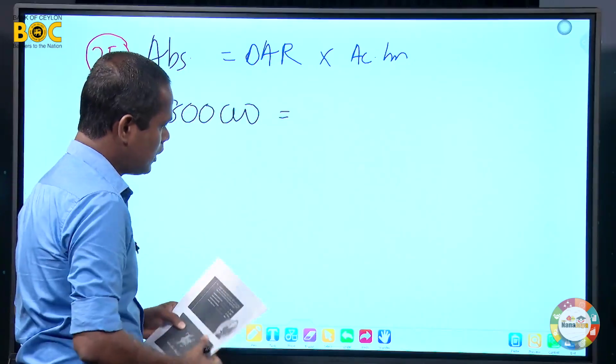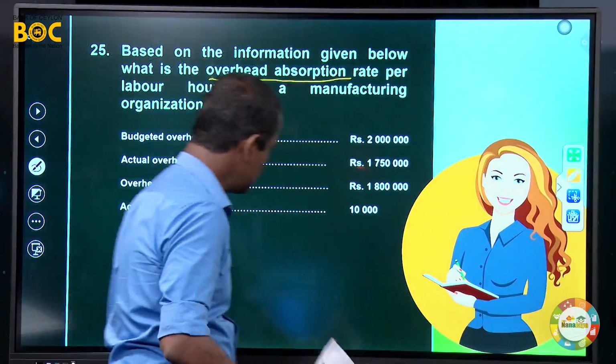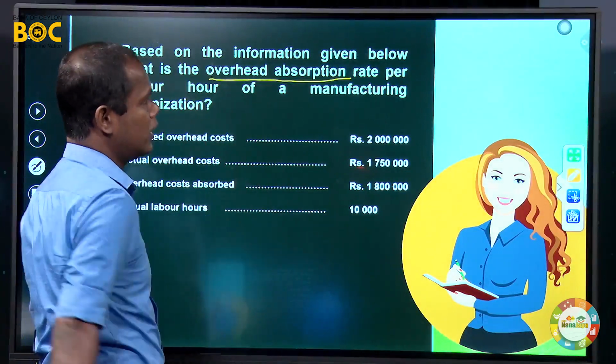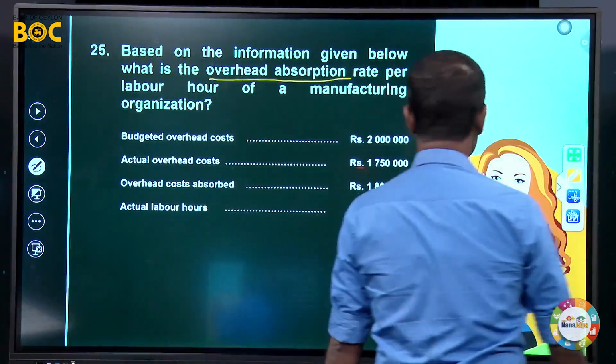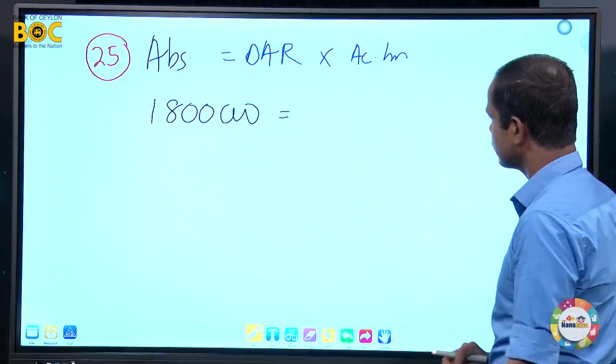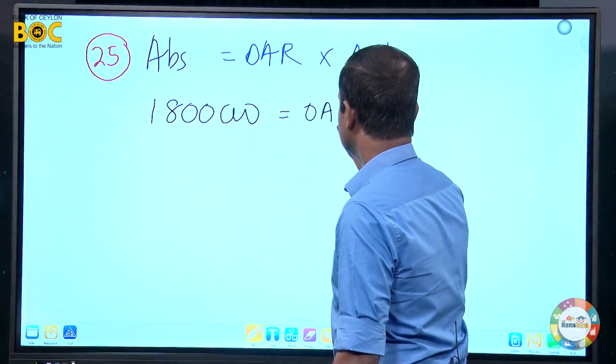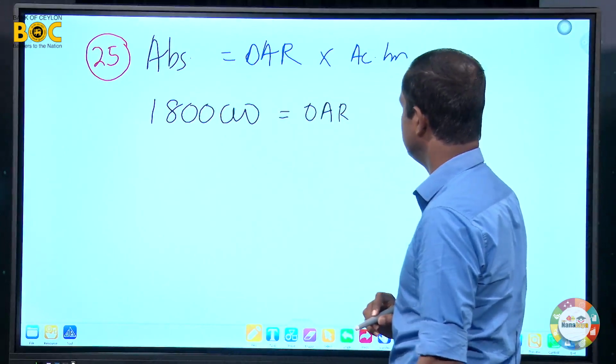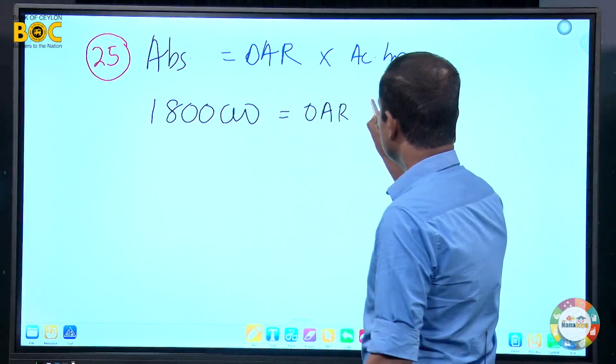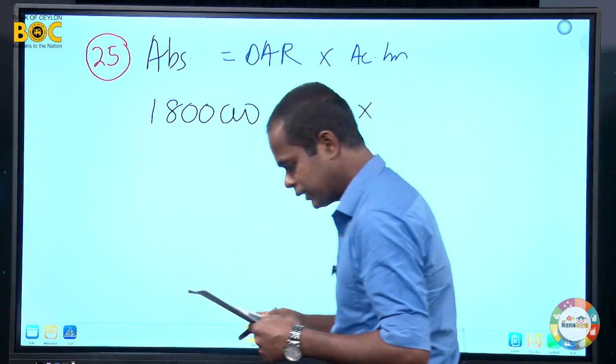The absorption rate is the requirement. You have to calculate the absorption rate. It's the missing item: overhead absorption rate into actual hours.